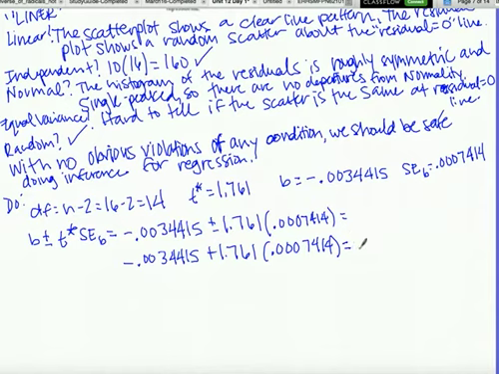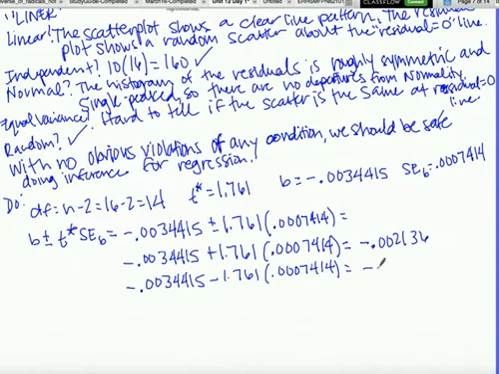When you work that out, you would get negative 0.002136. You would also do negative 0.0034415 minus 1.761 times 0.0007414, and when you do that, you would get negative 0.004747. So this would be your upper bound and this would be your lower bound, which makes your interval negative 0.004747, negative 0.002136.